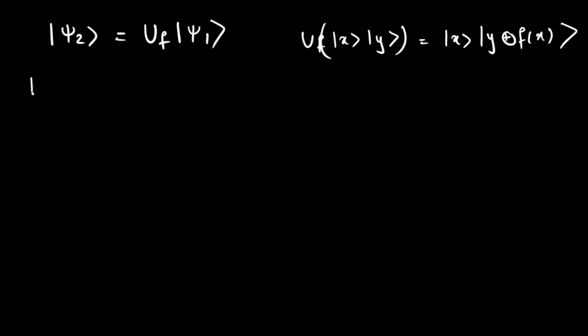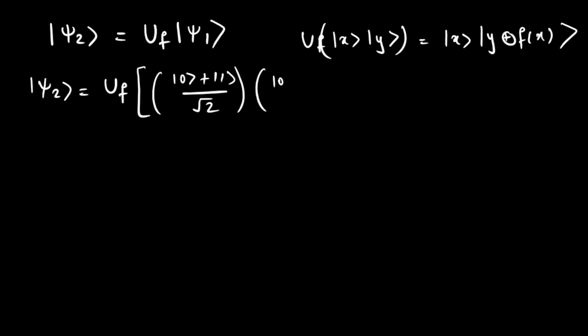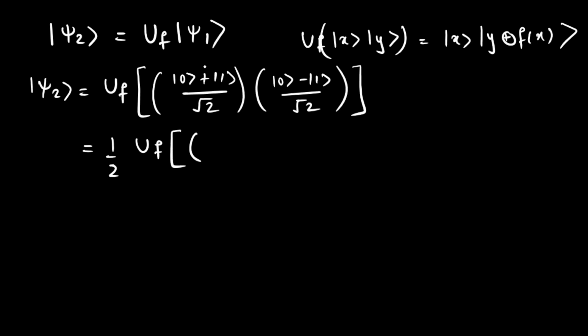So we have psi 2 equal to U_f operating on (|0⟩+|1⟩)/√2 and (|0⟩−|1⟩)/√2. Now if you take root 2 common, which will be 1/2, we'll have U_f in the bracket: |00⟩ will give us the |00⟩ state, |01⟩ will give us the |01⟩ state, and |10⟩ will give us the |10⟩ state, and |11⟩ will give us minus the |11⟩ state.